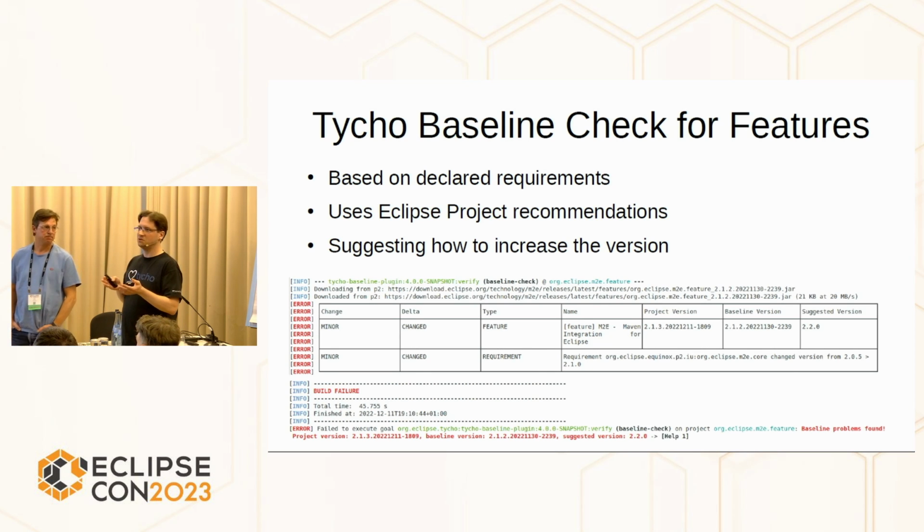If a plugin or feature changes its major version in your feature, then you should also increase your major version in your feature, and the same for minor and micro versions. And also here you get a suggestion what should be changed, and in this case you can see that a requirement has changed from version 2.05 to 2.1. And this is then reflected in the suggestion that you should upgrade from 2.1 to 2.2.